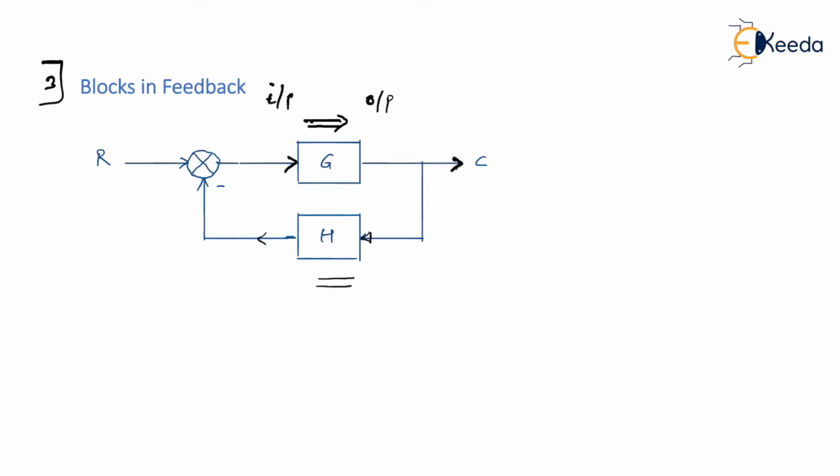So it is traveling from output to input. Therefore, this type of transfer function is known as a forward path transfer function. Of course, anything written inside the block is a transfer function. Therefore, H is called the reverse path transfer function.